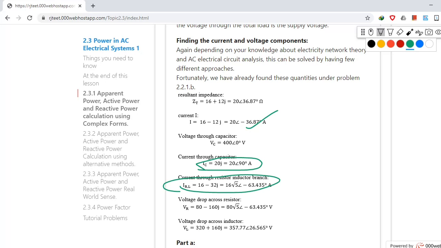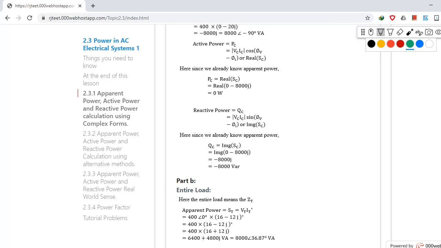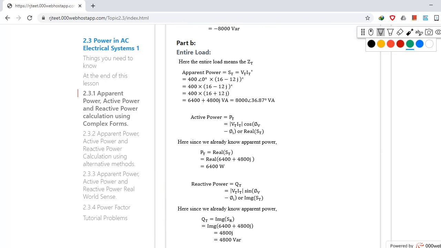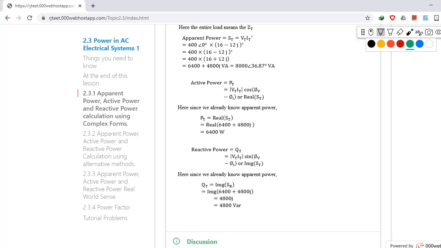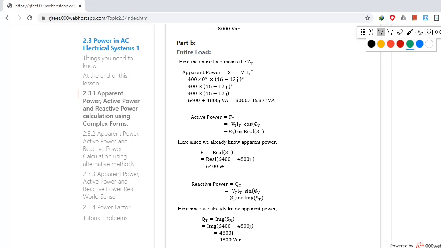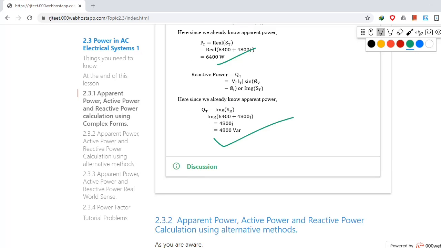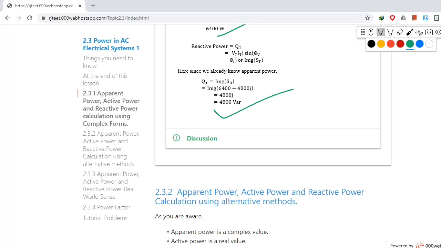So these two together would form this, right? So once you know these values, you can easily calculate the entire load values. So in the same way, by using complex form of voltage and current, you get the active power as 6400 and reactive power as 4800, right? And that's it.